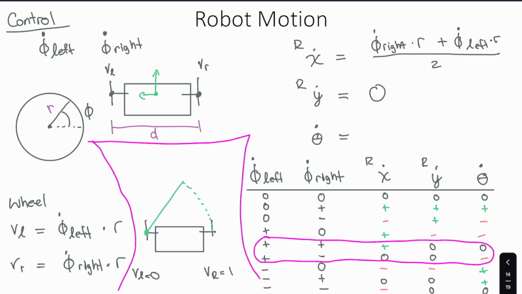That arc defines a change in theta. Or more correctly, they're similar triangles, so that picture works, but more correctly, the change in theta would be measured from here.